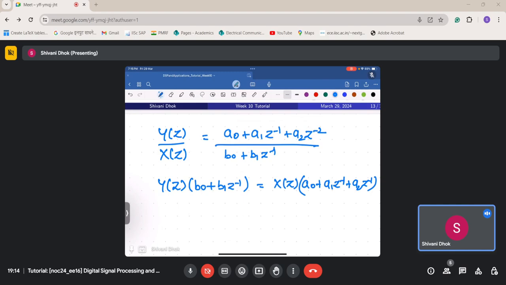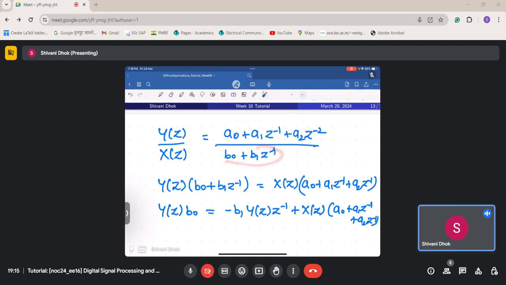And now what we do for realizing this is we move the feedback terms to the other side. This denominator part corresponds to the feedback, and since we shift it to this side, the coefficient gets multiplied by minus 1, so the sign of that coefficient gets changed.